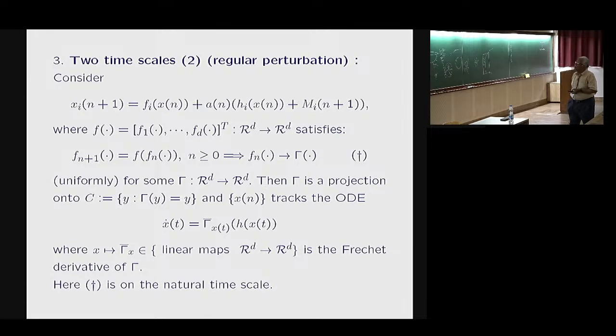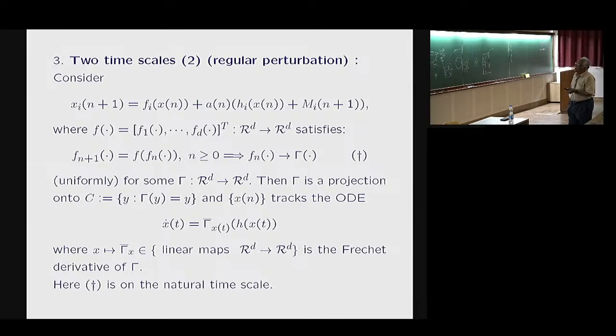This I call regular perturbation, where I have some. There are variations of this, but I will just put some single object f n plus this. So if the second term was not there, suppose I define f n as n times the iterate of the map f. I think I should have put a superscript here, because the subscript is the ith component.